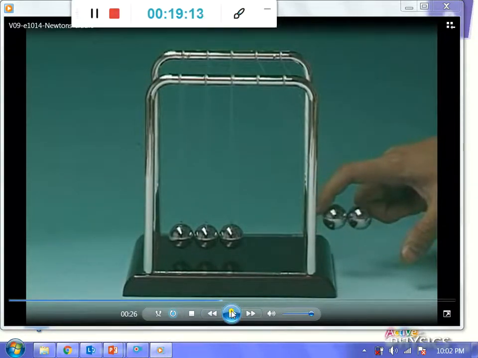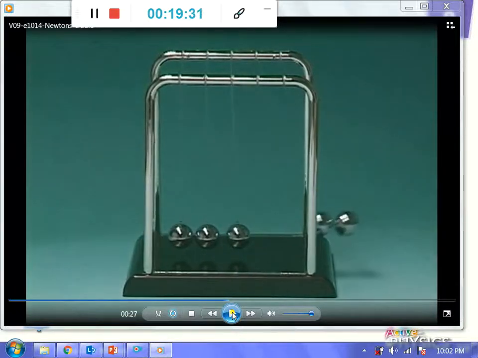Okay, now what happened? We have 2. These 2 will have the initial total momentum. Once again, this experiment shows you the conservation of momentum. So 2 of them come into the system, then 3 and 4 balls respectively.